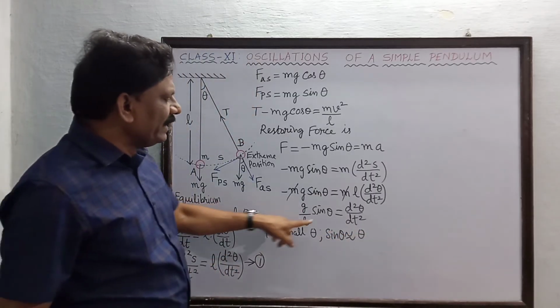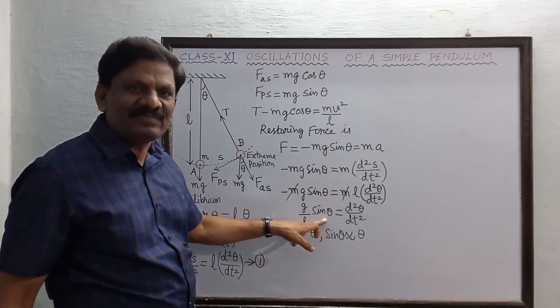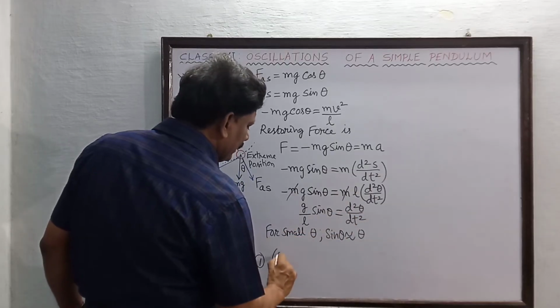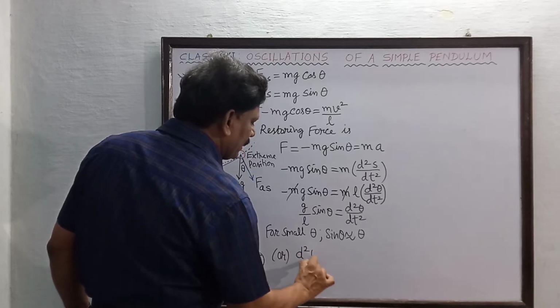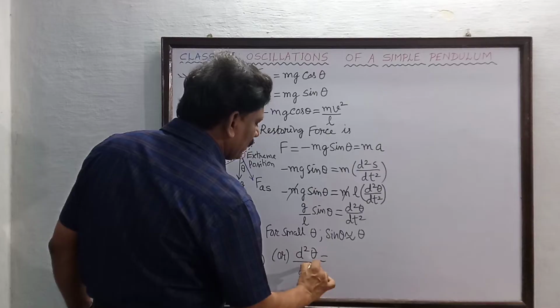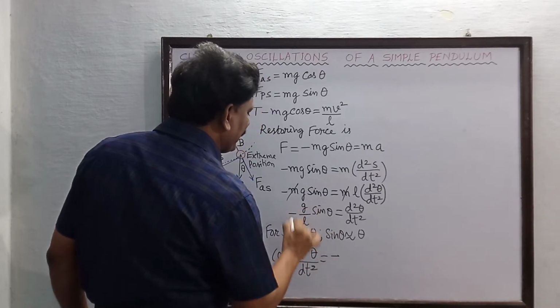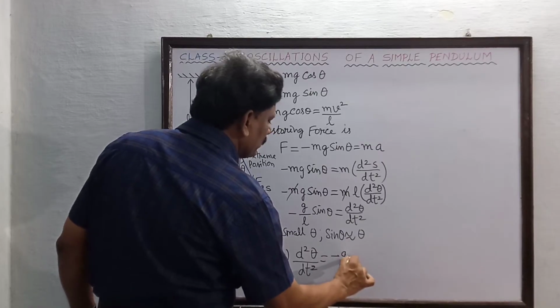So g by L into sine theta is now reduced to g by L theta. Understand? So I will write d square theta by dt square on the left hand side. So d square theta divided by dt square is now equal to minus g by L into theta, here there is a minus sign.